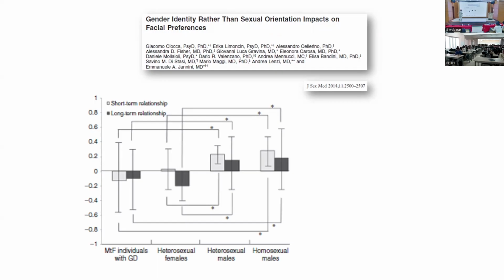So we published this experiment in the Journal of Sexual Medicine 10 years ago, which was very interesting because it was comparing transsexual people, heterosexual female, heterosexual male, homosexual male, trying to understand what is more beautiful for them, more masculine, more feminine.